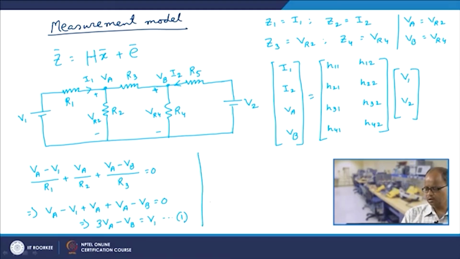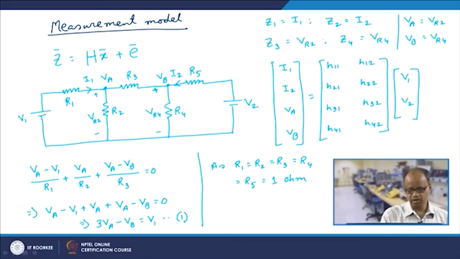This we are doing as R1 is equal to R2 is equal to R3 is equal to R4 is equal to R5 is equal to 1 ohm. So, this is our first equation. Now, we apply KCL at this second point.